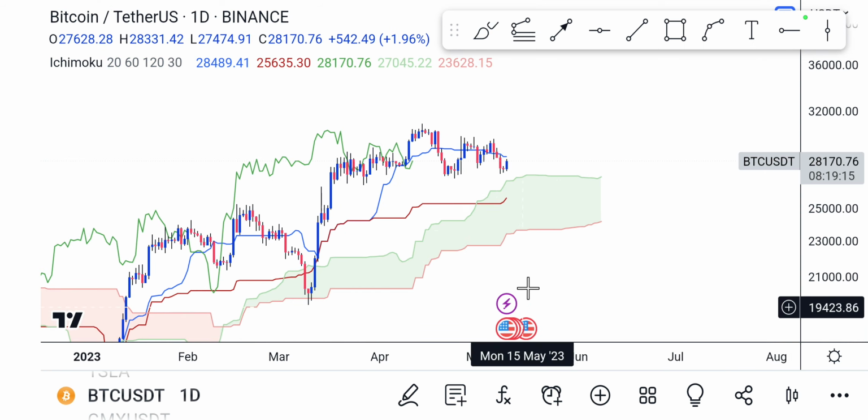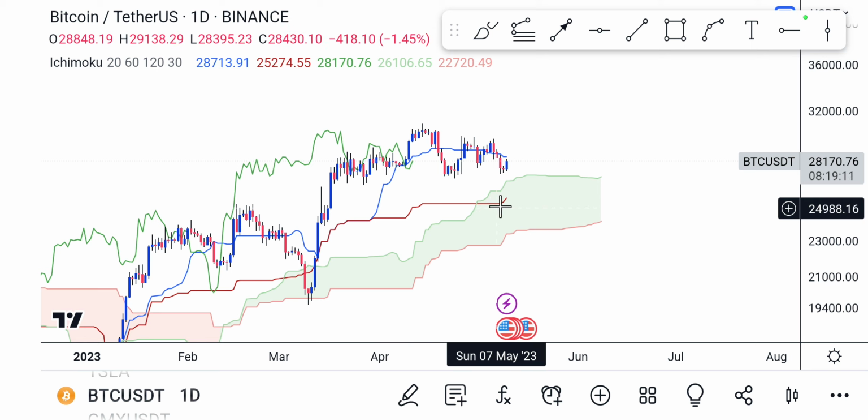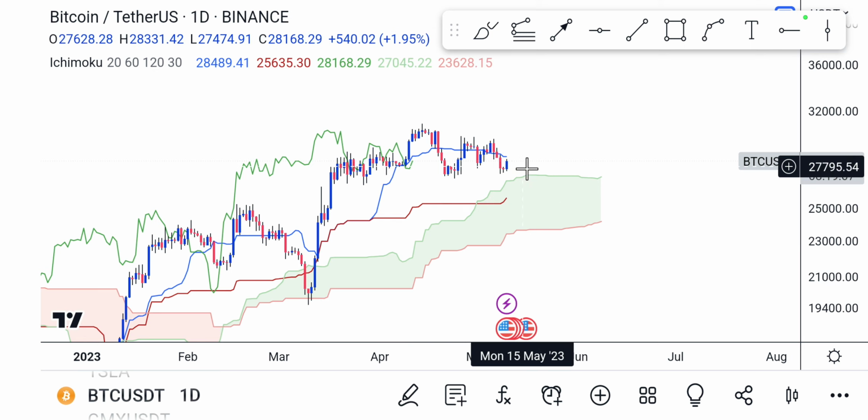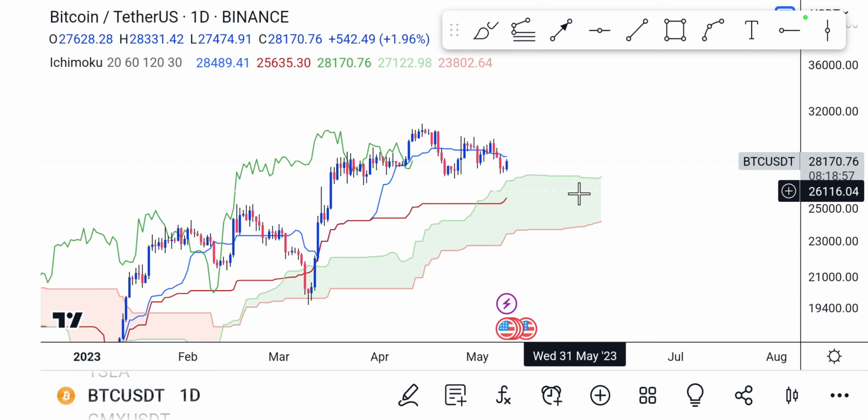we're looking at this flat Kijun that has decided to make an angulation to the upside. And what does that mean? An angulation to the upside, meaning that first thing first, price would find support at the top of the Kumo cloud, which is here.